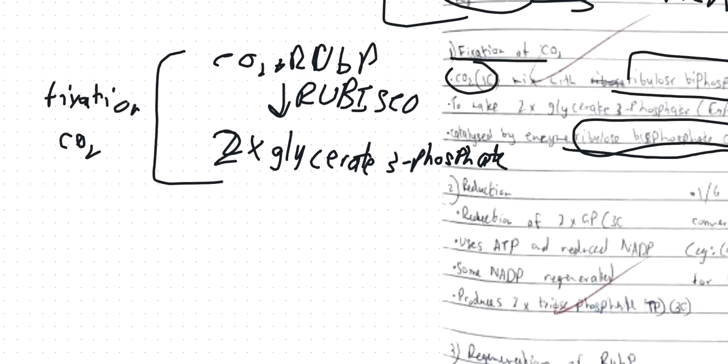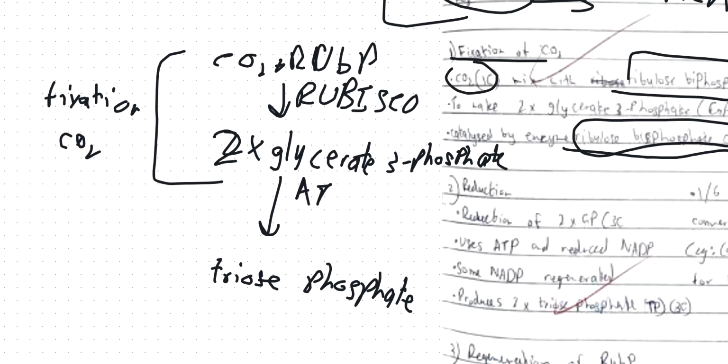After fixation comes reduction. Reduction is when this 2-glycerate 3-phosphate is reduced to something called triose phosphate. Remember this step, reduction. Reduction requires ATP and NADPH.